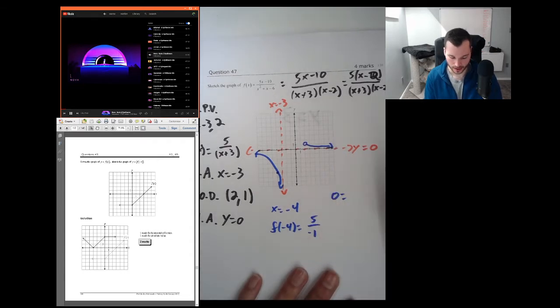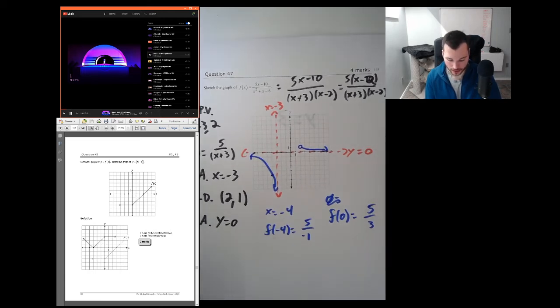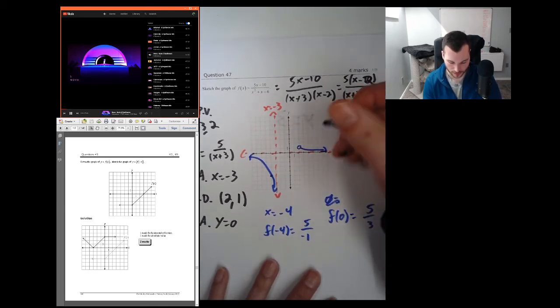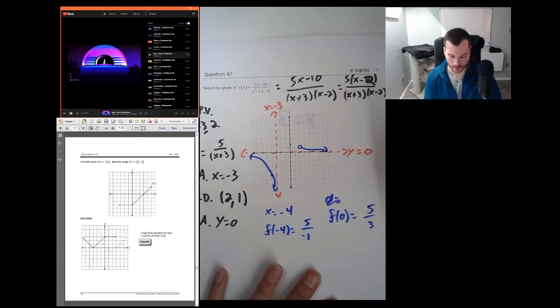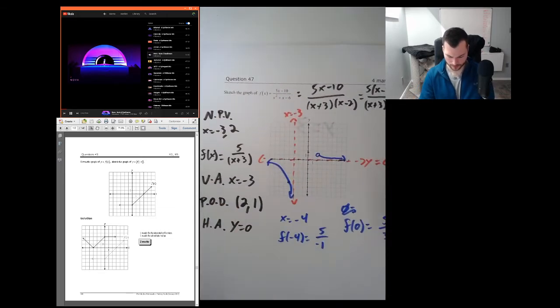F at 0, my mistake, equals 5 over 3. And that's going to be my y-intercept. So just shy of 2. Like that, there. From there, we just kind of connect up the dots. Hold on here.